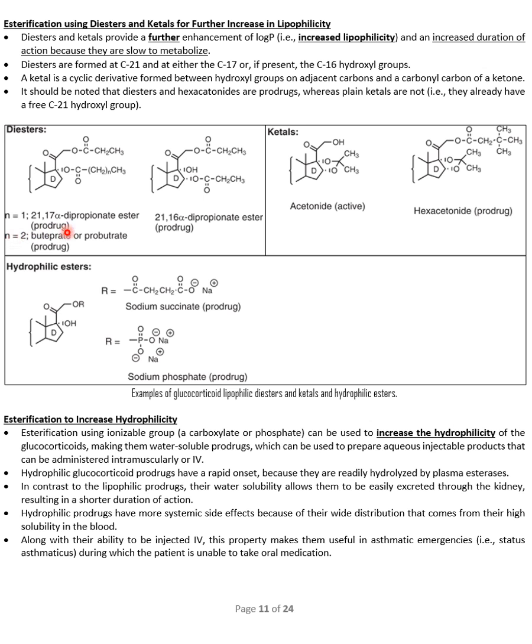You will see here, some are performed by adding an ester group at 17 and 21, like here. Others are performed by adding ester groups at 16 and 21. Some others you see ester groups at 16 and 17. So you'll always see an ester group added to two of the three: 16, 17, and 21.